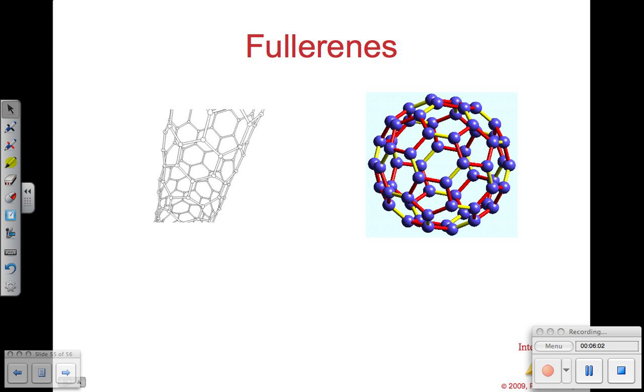Two images here: on the left are nanotubes, and on the right you have a buckyball. A buckyball is where things started, basically a large three-dimensional sphere, all of carbons covalently bonded to each other.